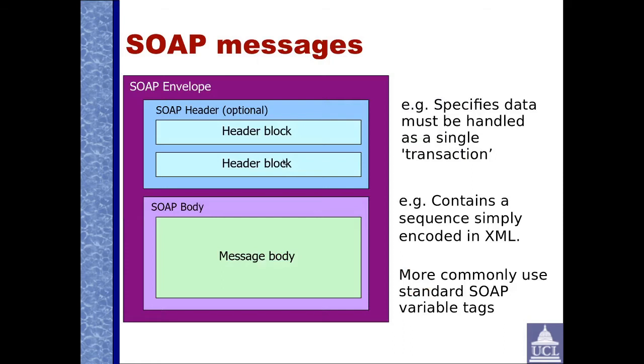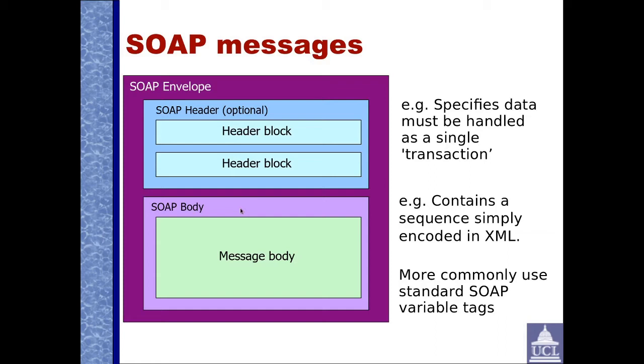Now, the way that SOAP messages are structured is actually very similar to the way that HTML is structured. So there's what's called a SOAP envelope, which is similar to the html and end html tag that's used for HTML. There's an optional header, which is just like the head and end head tags in HTML. And there's a SOAP body, which is just like the body and end body tags in HTML.